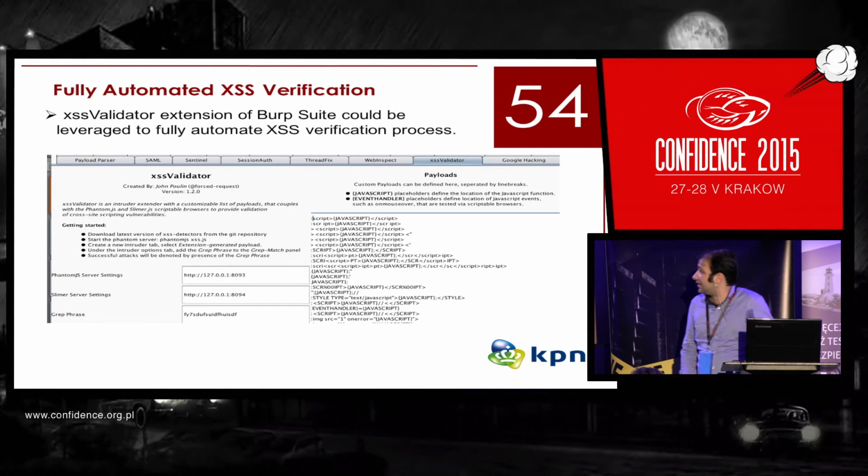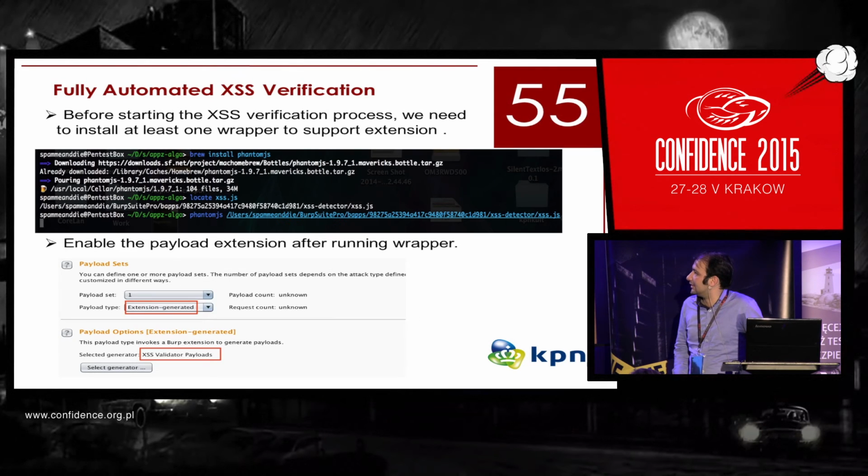And one of my favorite ones is the XSS validator plugin, where you run JavaScript on a server. It simply sends your payload to the server, and you run it as an extension generated validator payload.